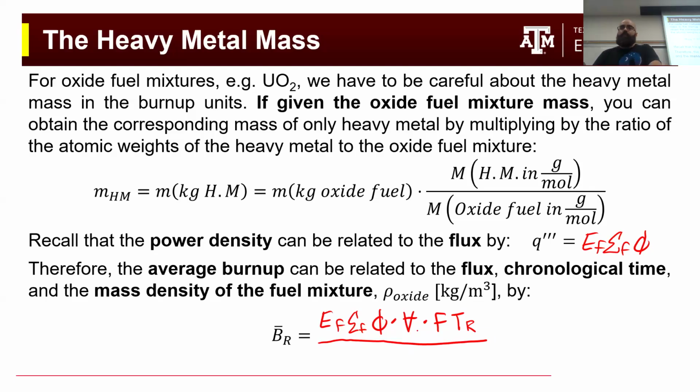And then in the bottom, what I would have is the mass of, I could write this as the mass of my oxide times the molar mass of my heavy metal divided by the molar mass of my oxide.